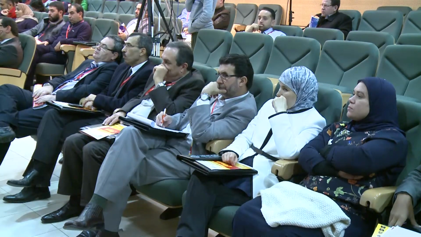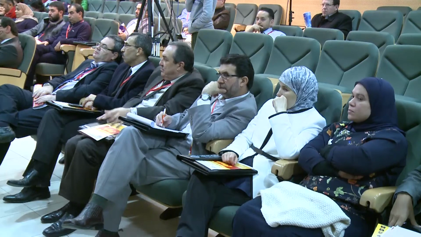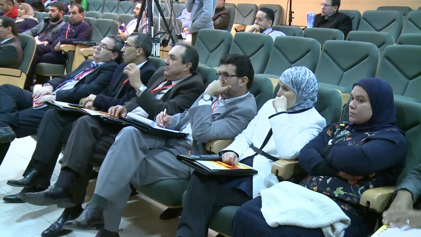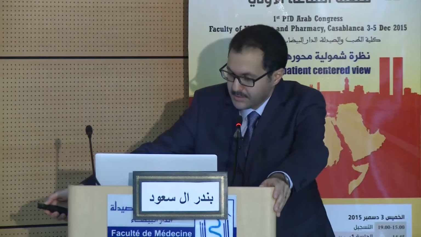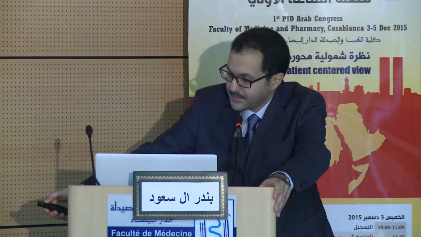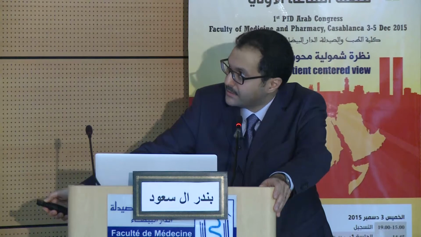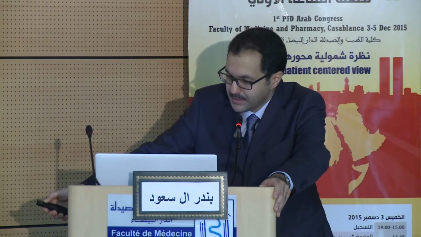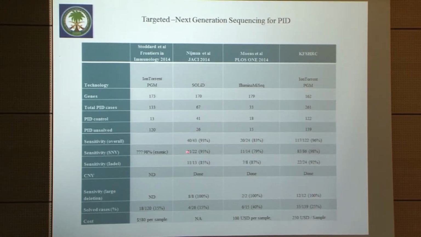The PID controls are those where we know the underlying genetic defect, and we use them as positive controls. So 13 in this group, and 41 and 18, and we did 122. The PID unsolved cases here are 120, 26, and 15, and in our hands 139.